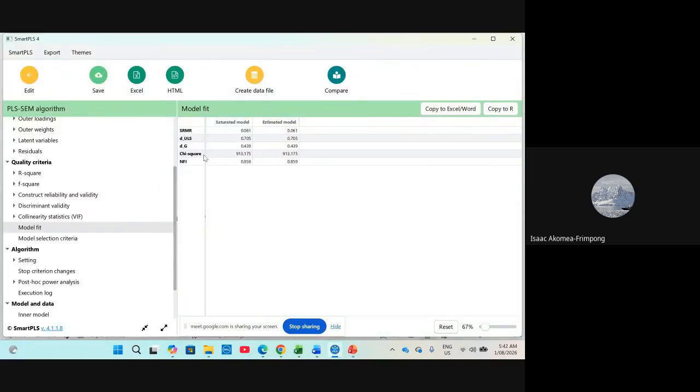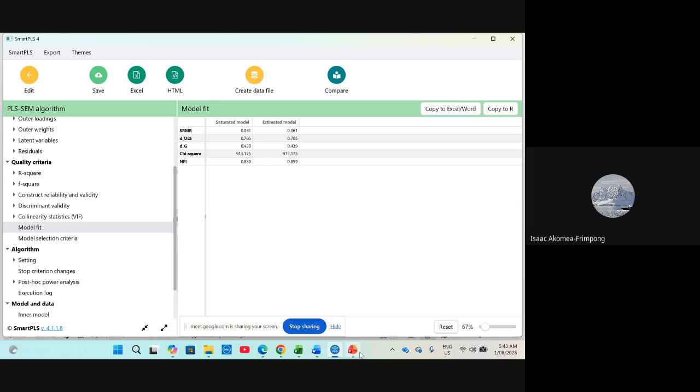We can use the chi-square to justify. Because 0.859 is less than 0.9, but it is close to 0.9, so it's not far away. And with this kind of chi-square value, we can still see that our model is okay. The model is fit for our analysis.